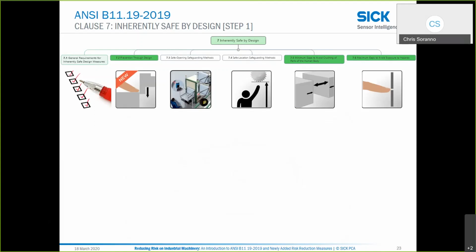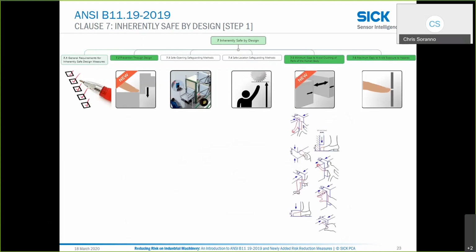There's some existing content in the middle with safe opening safeguarding methods and safeguarding by location. And then we added a new clause for minimum gaps to avoid crushing of parts of the human body. So based on a risk assessment, if we can identify which part of the body is going to be exposed to a hazard zone, this section gives us guidance on what the minimum gap is to ensure that that part of the body is not crushed or injured to a point of injury.